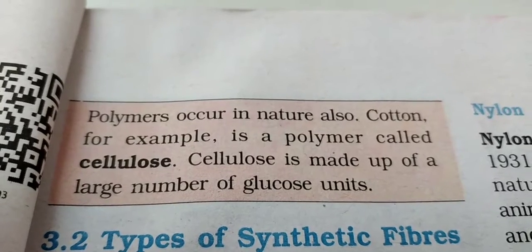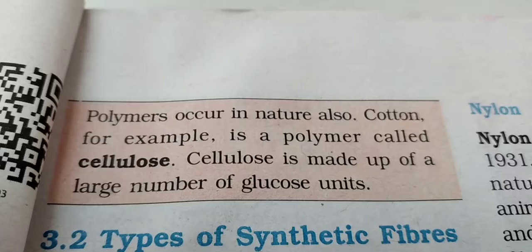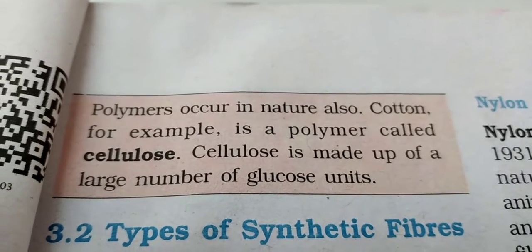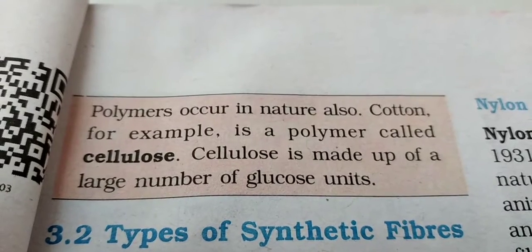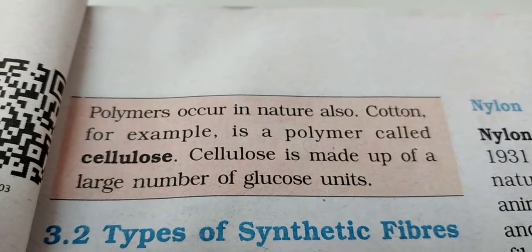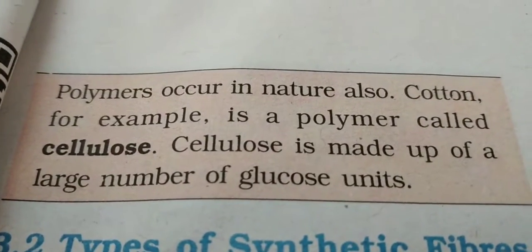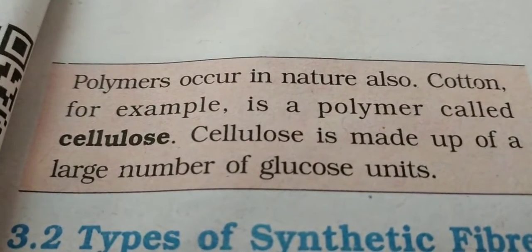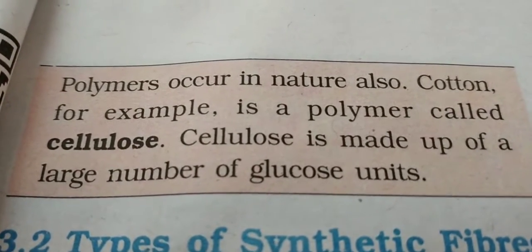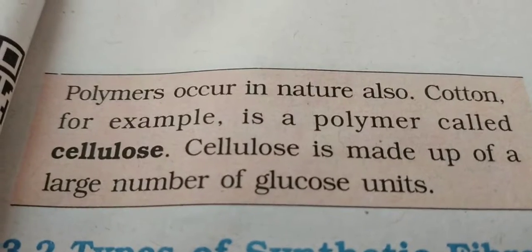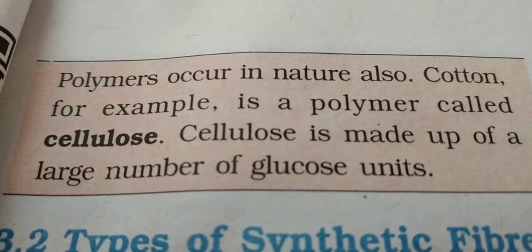It's a polymer called cellulose, and cellulose is made up of large number of glucose units. Okay, cellulose is made up of what? Glucose units. Few more examples of natural polymers are silk, wool, protein, etc. Okay, so this was all about natural polymers, the polymers which are found in nature.